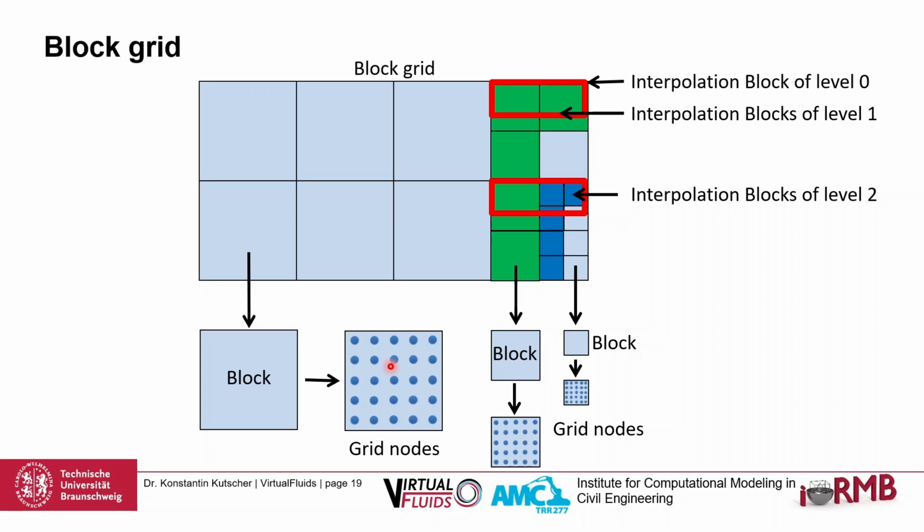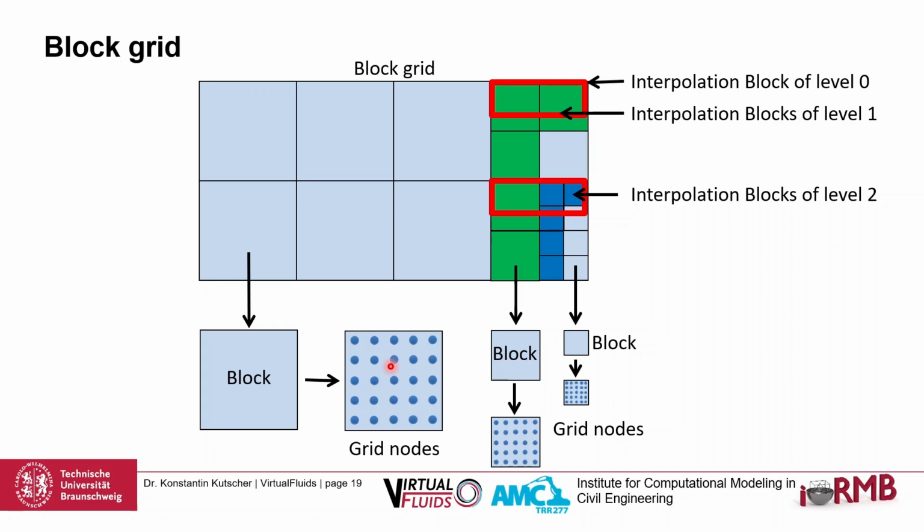If we look from a topological point of view at this data set, we have two levels. The first level is the block grid, the topological position of the blocks, and then a node grid, which consists of nodes inside these blocks.